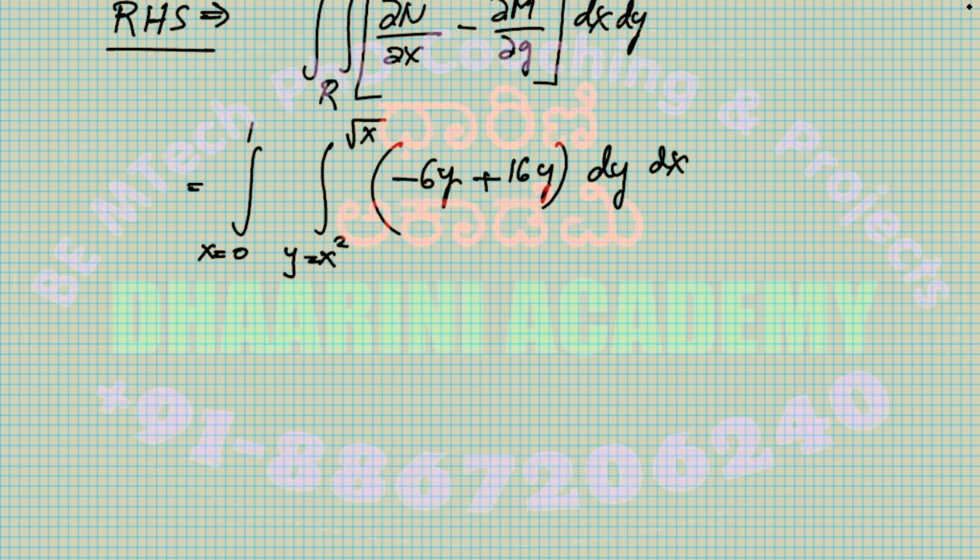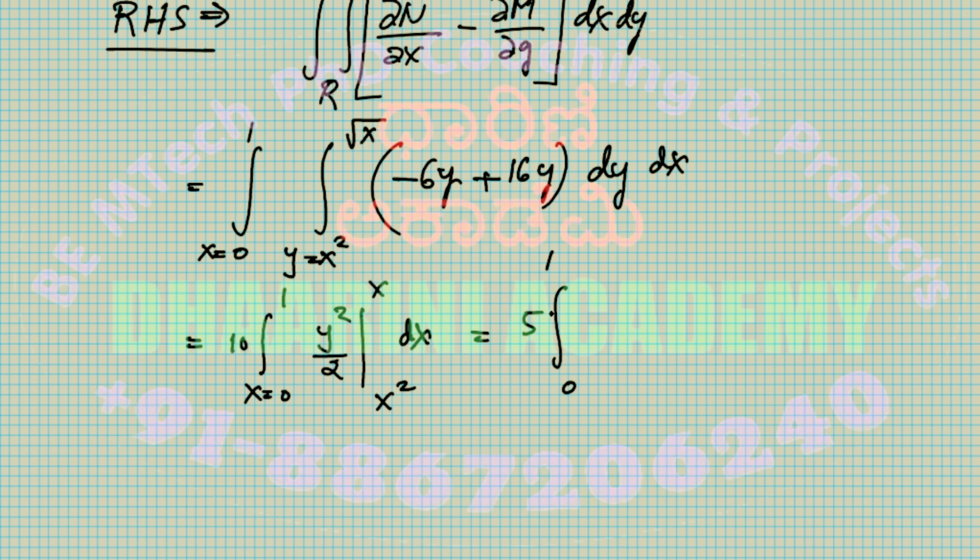So that is simply 10y, correct? I'll take a 10 outside. Integration x is equal to 0 to 1, and okay, I'll integrate. I don't want a second integral. So there is a y inside, so that becomes simply y square by 2, right? From x square to root x dx. So that is 5 times integral x is equal to 0 to 1.